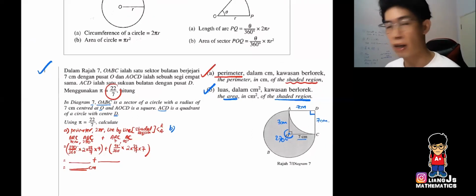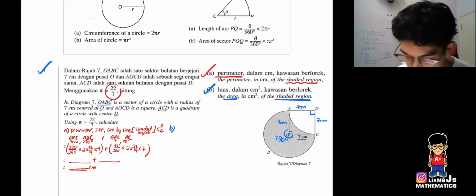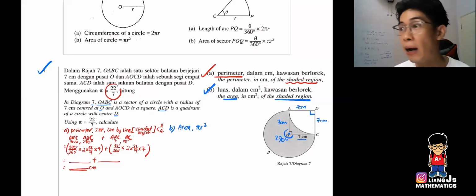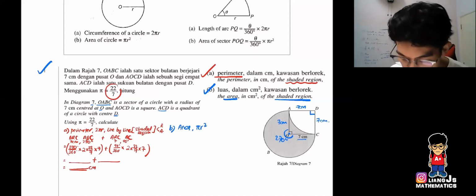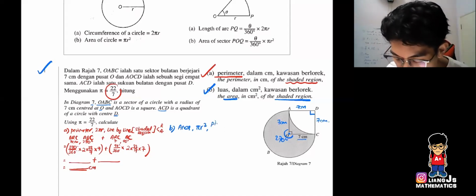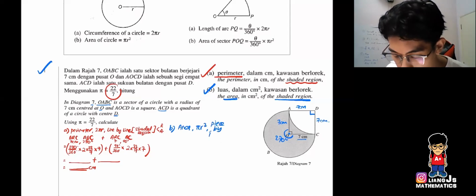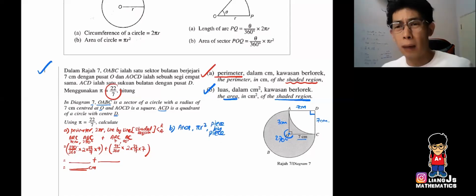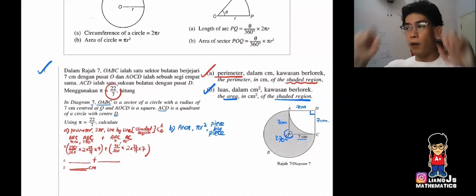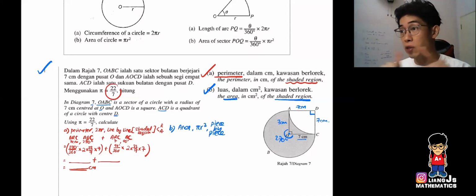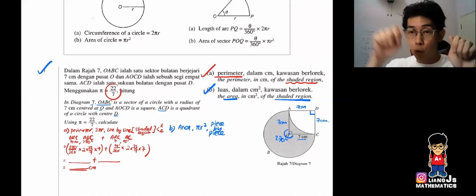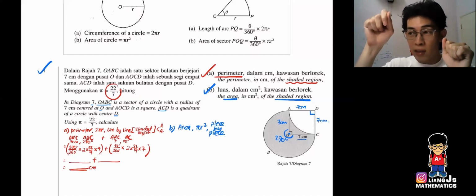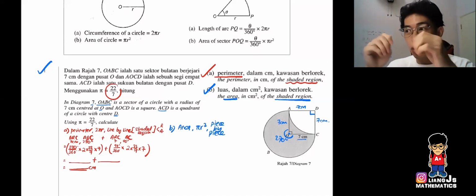So how to get the shaded region? Area being pi r square, and you will get your answer piece by piece. What do I mean by piece by piece? Imagine you have a very huge Manila card, and you draw something on it, and you want that particular part to be your bookmark.